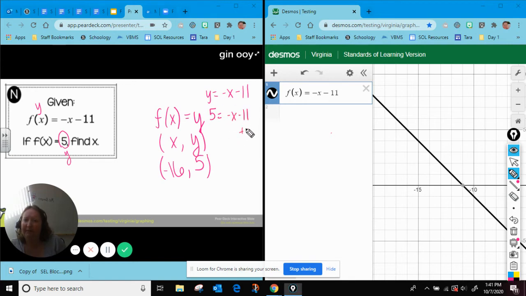Okay. 16 is equal to negative x, divide by negative 1, divide by negative 1. Negative 16 is equal to x. That's how you get your answer algebraically. This is how you utilize a graphing utility. This is not cheating. This is utilizing a graphing utility to find your answer.